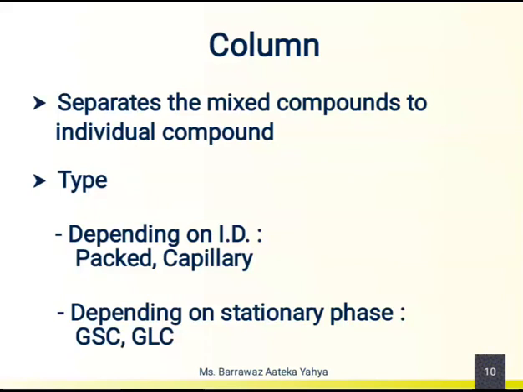Depending on the internal diameter, there are two types of columns, either packed column or capillary column, and based on the type of stationary phase filled in the column, the chromatographic technique may be gas solid chromatography or gas liquid chromatography. The filling of the stationary phase inside the column, either packed or capillary, defines the basic principle of the chromatography, whether it is GSC or GLC.